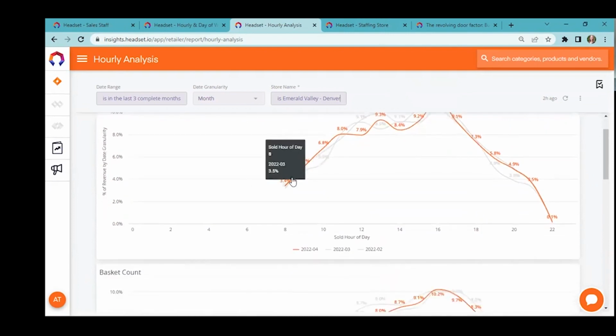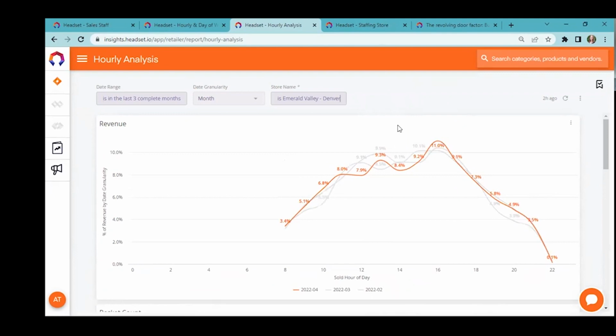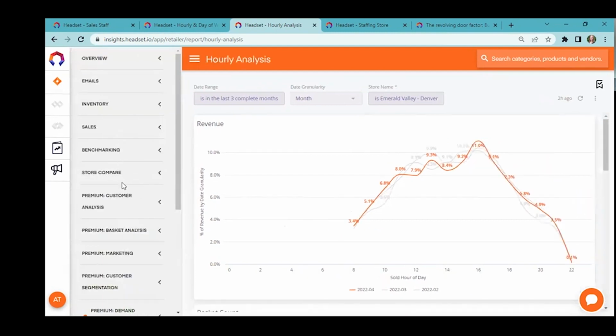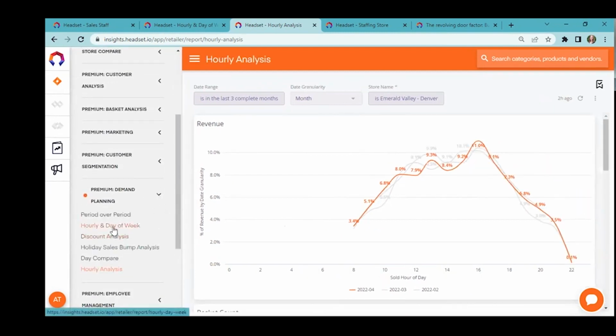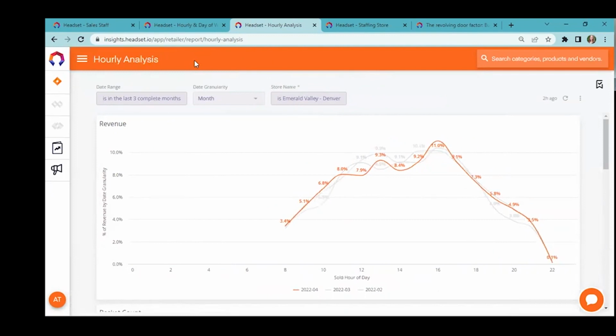When are the slower days that maybe we could have less people on the floor? It's all about finding that balance. So combining these data points with what I'm about to show you. That's why I wanted to give you an idea of what that demand planning looks like, just so you could see on a visual basis what the transactions look like.